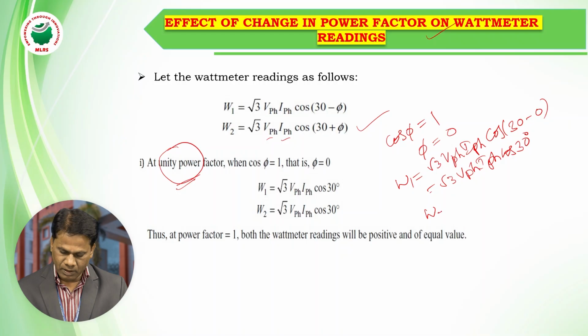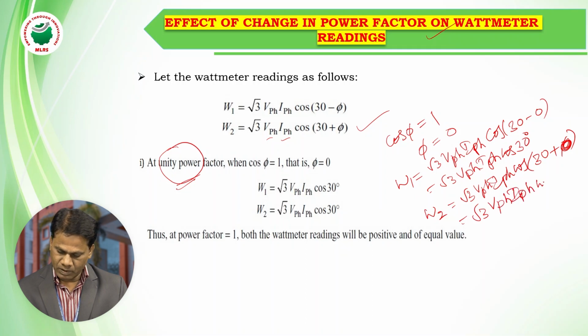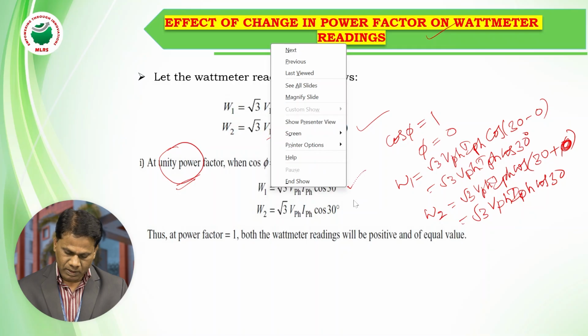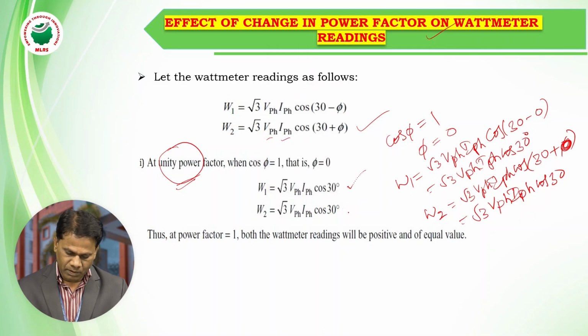Similarly, for the reading of wattmeter 2, root 3 V phase I phase cos of 30 plus 0, as phi is 0 for a unity power factor load. So this is also root 3 V phase I phase cos 30. Here you observe W1 is root 3 V phase I phase cos 30, and W2 is also root 3 V phase I phase cos 30.